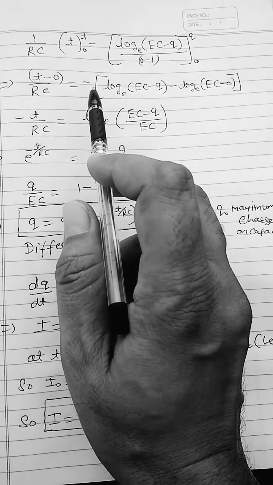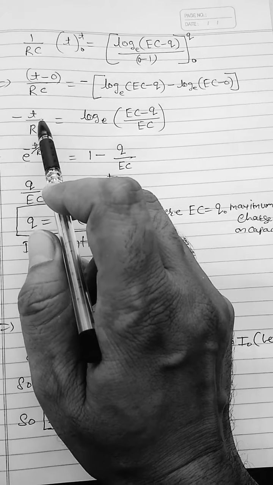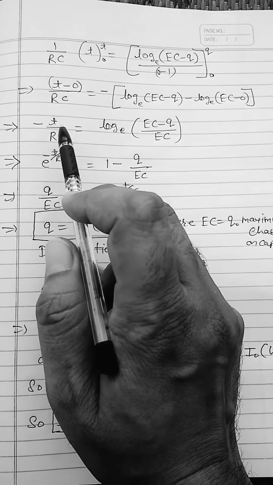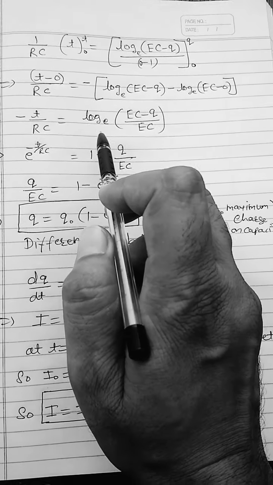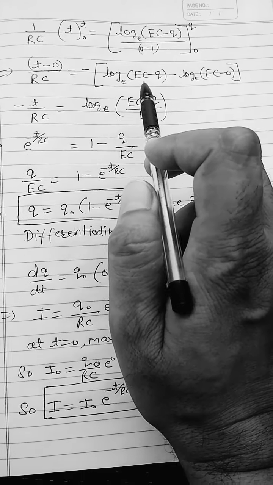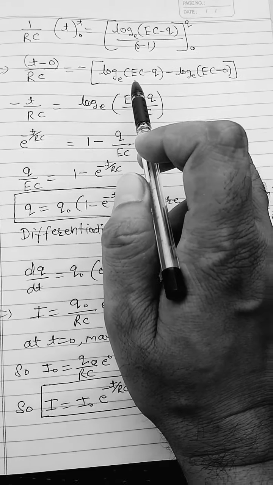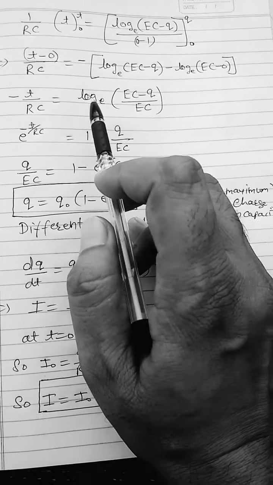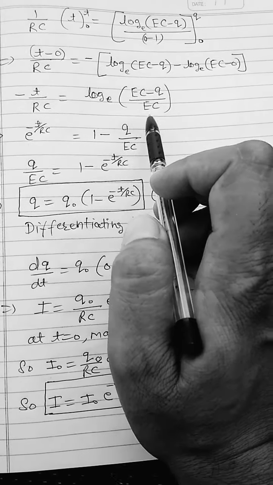Minus sign will come here, so it will be minus t upon RC is equal to log base e, and as we know that log A minus log B is equal to log A upon B, so it will be log base e of EC minus q upon EC.